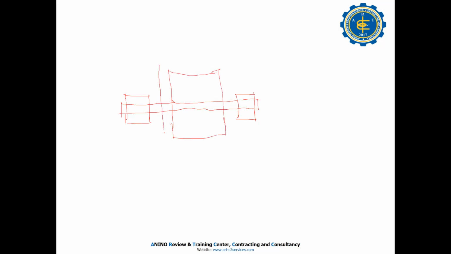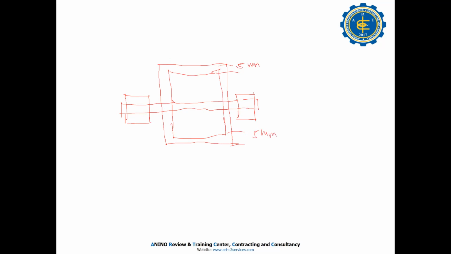Your housing maybe has how much clearance? Example only, 5 mm clearance from here, so the impeller does not touch the casing, right?